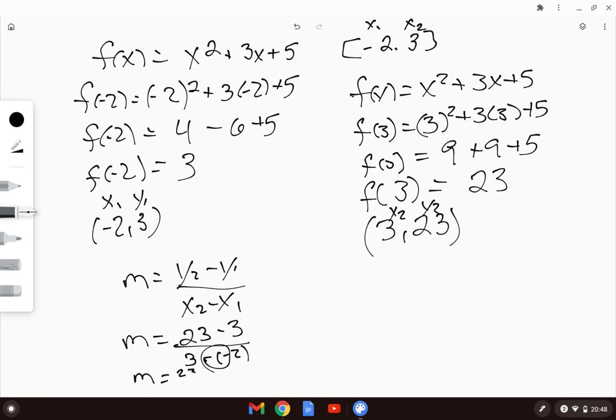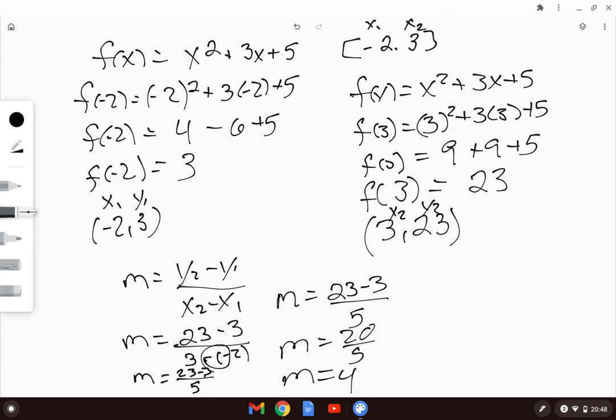That's going to be 23 minus 3 over 3 plus 2, which is 5. So my slope, my average rate of change over this interval, is going to be 4.